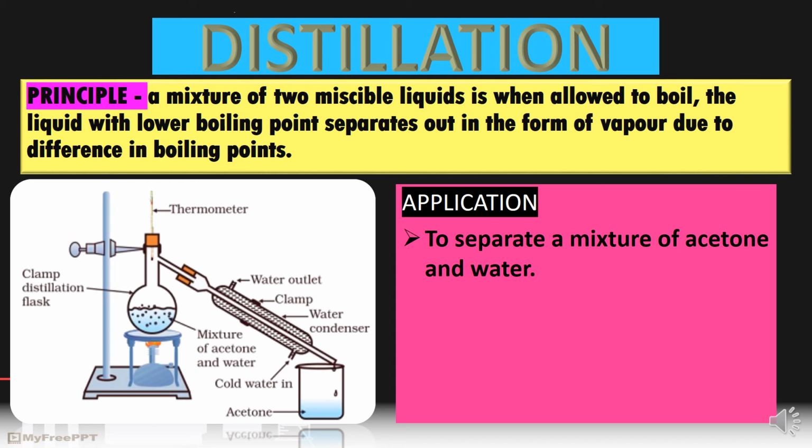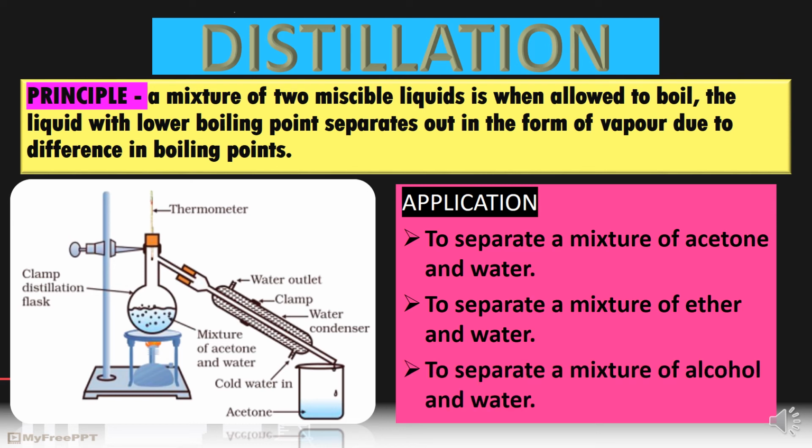Acetone has a boiling point of 56 degrees Celsius and water has a boiling point of 100 degrees Celsius. So due to that sufficient difference in boiling point, we can separate these two pure liquids by the process of distillation. We can also separate a mixture of ether and water. We can also separate a mixture of methanol, a kind of alcohol, and water, because these liquids have a sufficient difference in boiling point.